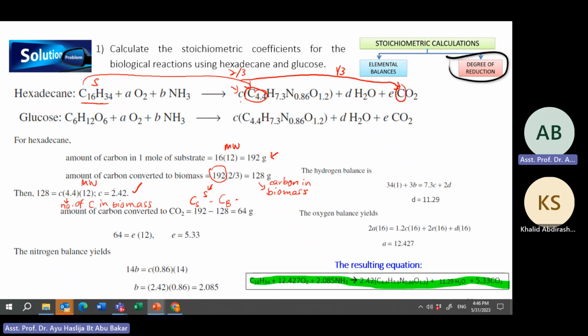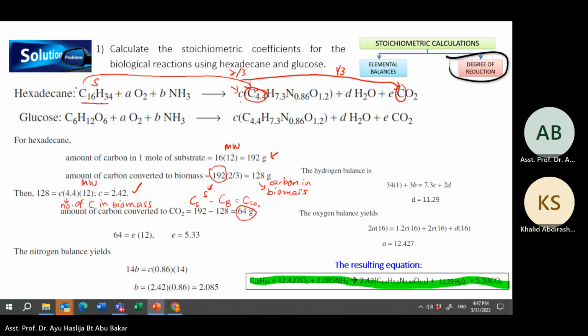So you will get C from CO2. Okay, so this is your C of CO2. If you plus back the C from CO2 plus the biomass, you will get the substrate back, the original one.